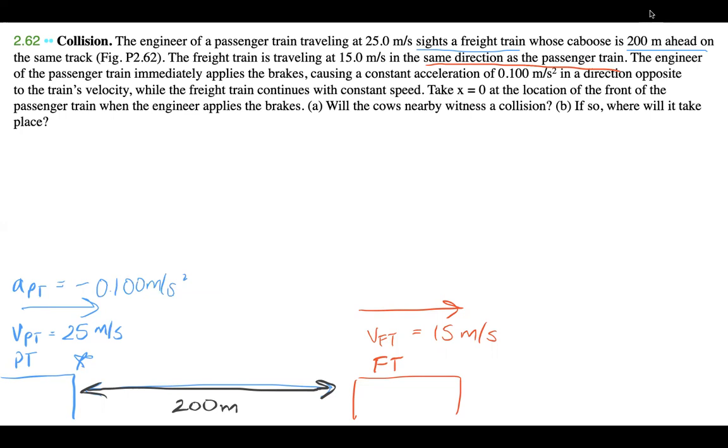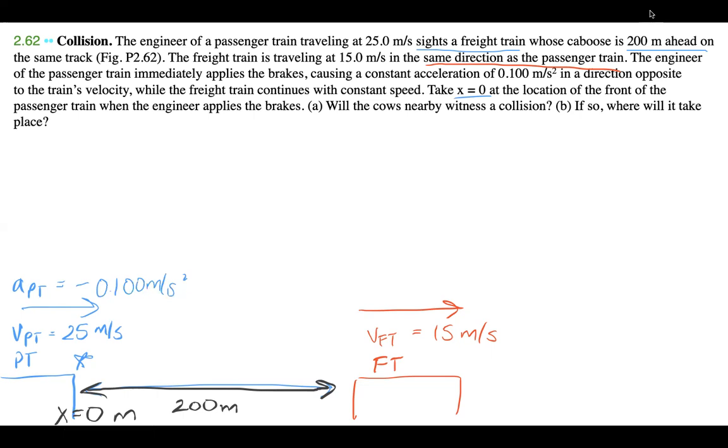And the freight train is just going to continue at its constant speed, so we're not going to change anything over here. Let's take x equals 0 as the location of the front of the passenger train, where the engineer applies the brakes.